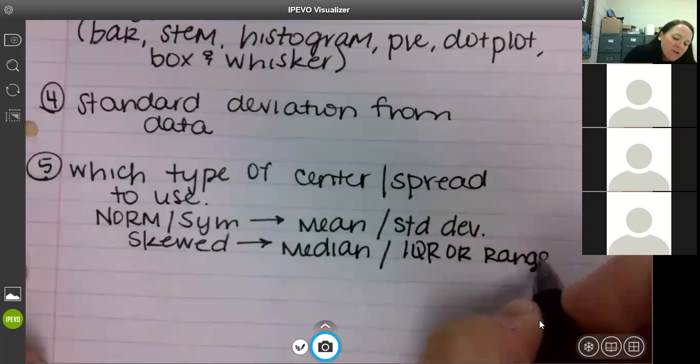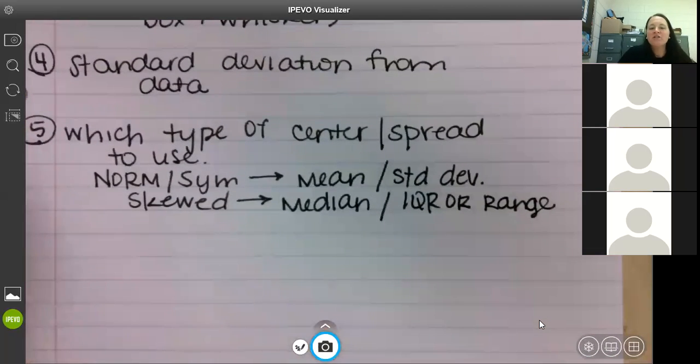Why would I use range and not IQR? Because I know how to find IQR now. So you don't know quite which one to use. It just depends on what you have. If you have a chart with a lot of data, then I would just use range, lowest to highest. But if you have the actual data set, I would use the IQR because you can find it in your calculator. So if you can find it in your calculator, use your calculator.